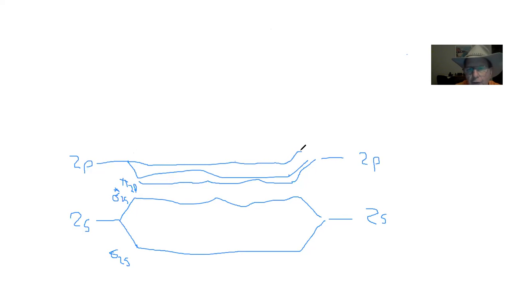I have three orbitals from that element, three orbitals from this element. So that's going to form 6 orbitals. Does that make sense to you guys? Yes.